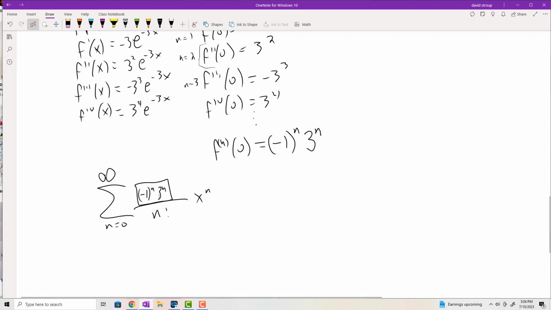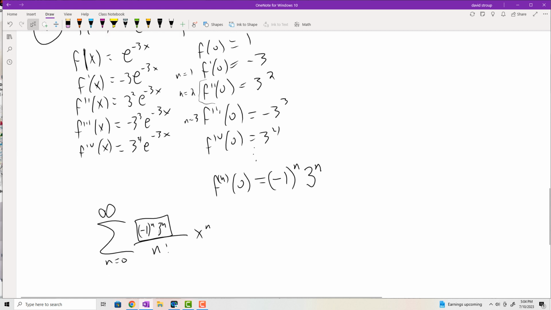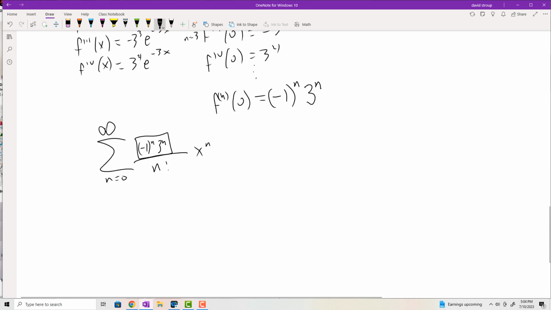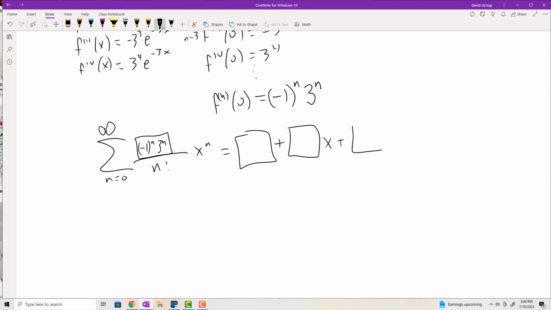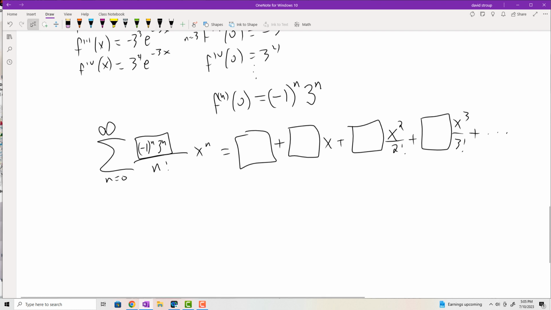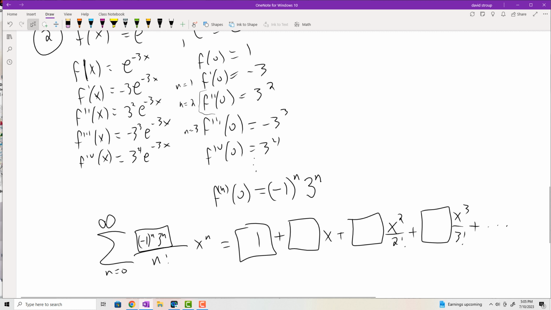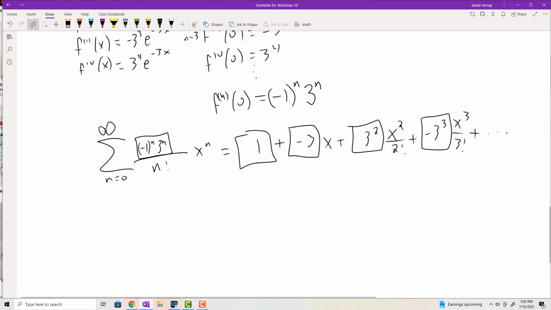Like I said, if you just want to write out the first couple terms, like do the box thing like we did with a polynomial, put plus dot dot dot to indicate it goes on forever, and then you can just put your numbers in here.